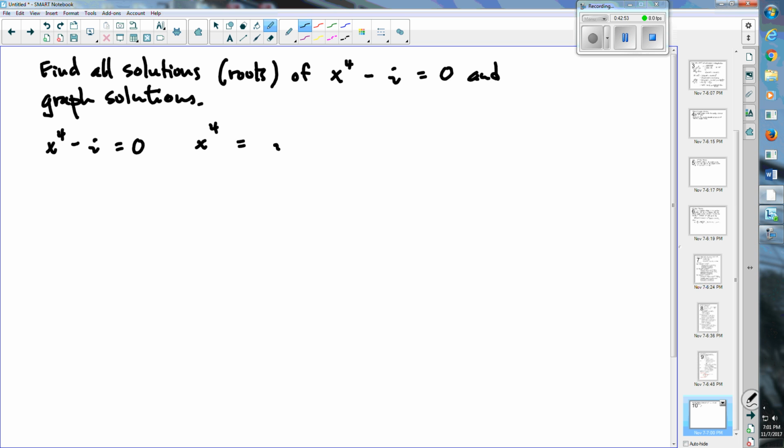X to the 4th equals I. So that means x to the 4th is equal to, now this complex number, I could write it in the a plus bi form, meaning 0 plus I. Then we have x to the 4th, which is equal to, now this would correspond to the cosine of 90, which is 0, in the CIS form, plus I times the sine of 90, because the sine of 90 is 1.